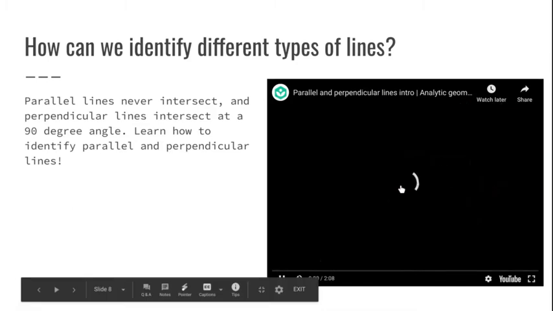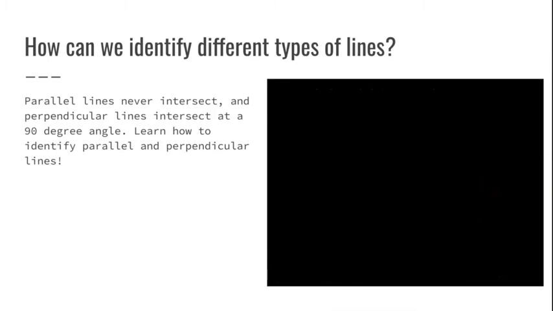Let's see what this has to say. Let's think a little bit about two terms that you will see throughout your geometry and really mathematical career. One is the idea of things being perpendicular, and usually people are talking about perpendicular lines, and the idea of parallel lines.